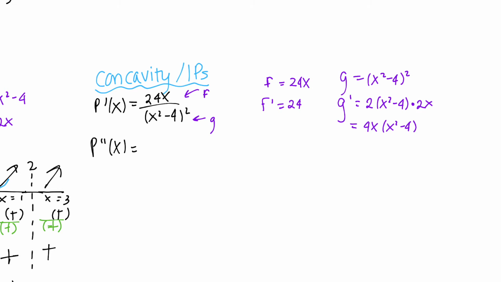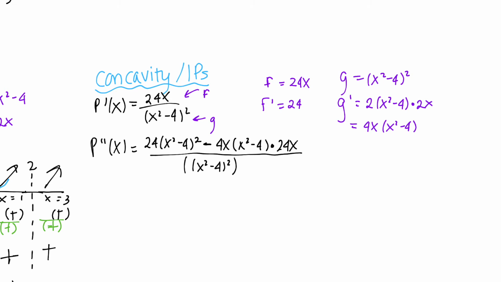So p double prime will be f prime g, so 24 times (x squared minus 4) squared, minus g prime f, so 4x times (x squared minus 4) times f, which is 24x, all over g squared, so (x squared minus 4) squared squared.